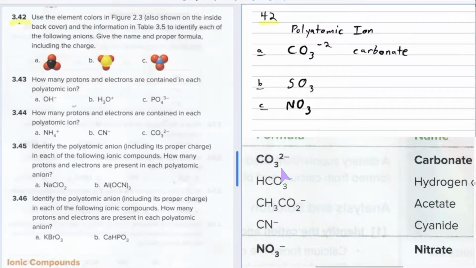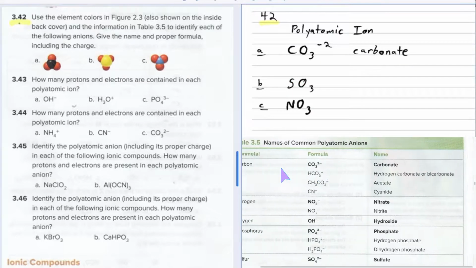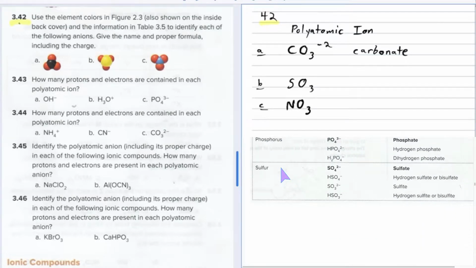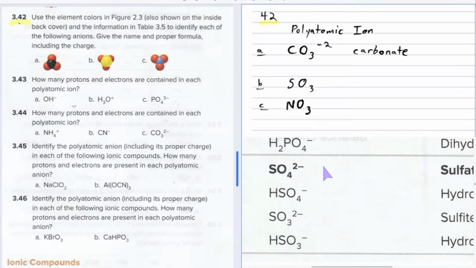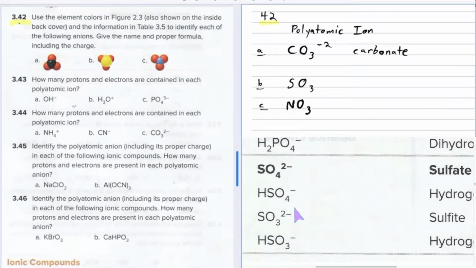And then B, okay, SO3. So let's look under the sulfur group. Here it is down there. Got SO4, that's sulfate, and then SO3 sulfite. So SO3 minus 2. So the charge on this one is minus 2, and that's called sulfite.